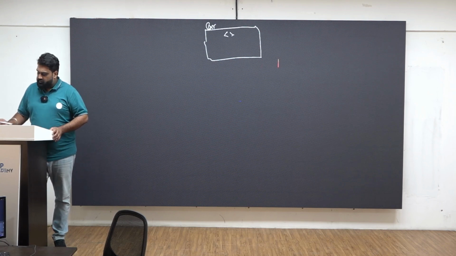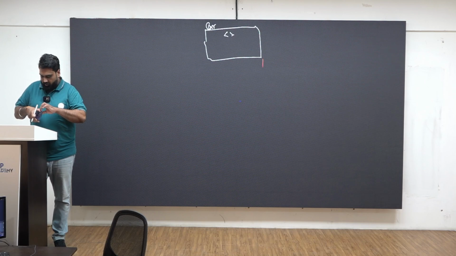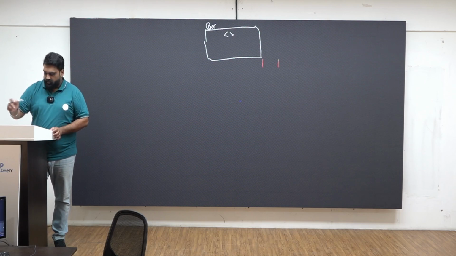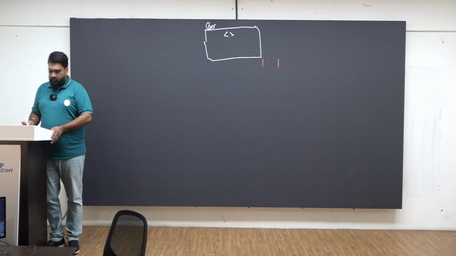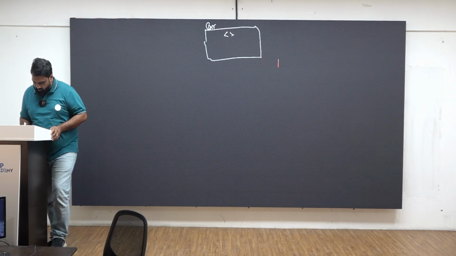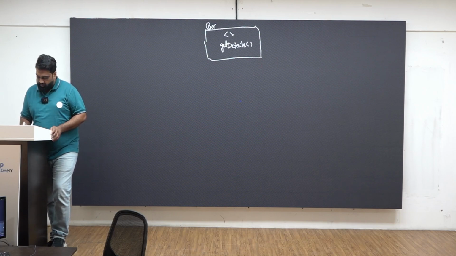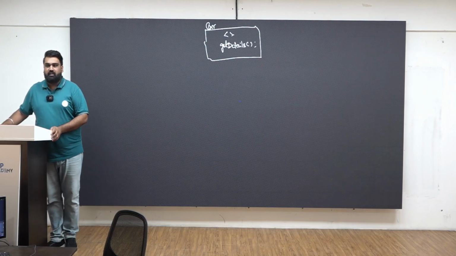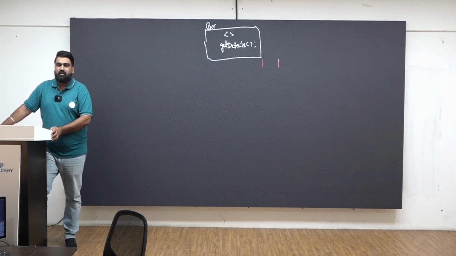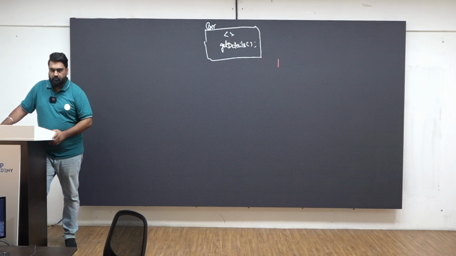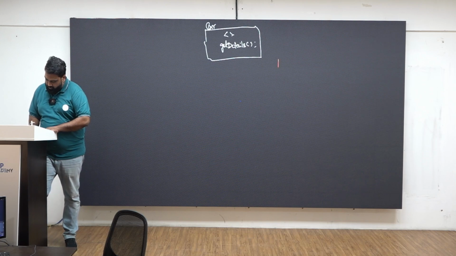In this Car interface, I'll have one method, getDetails, where I'm going to get the details of the car. Now there would be two different classes which are going to implement this interface.